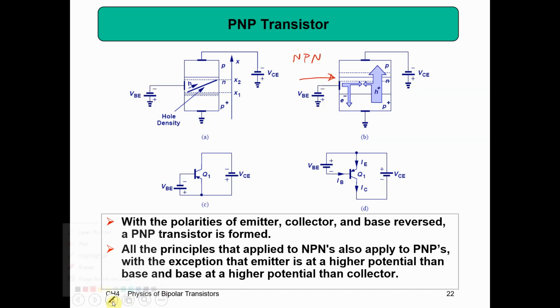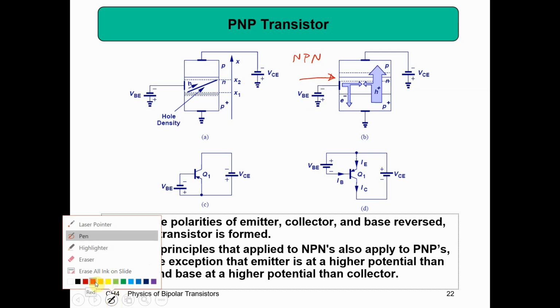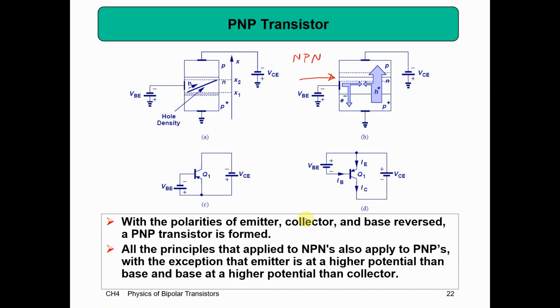But now that I have a PNP, my current's going to be coming out. When my current's coming out, that means my electrons are going in rather than my holes, since everything's backwards between electrons and current.